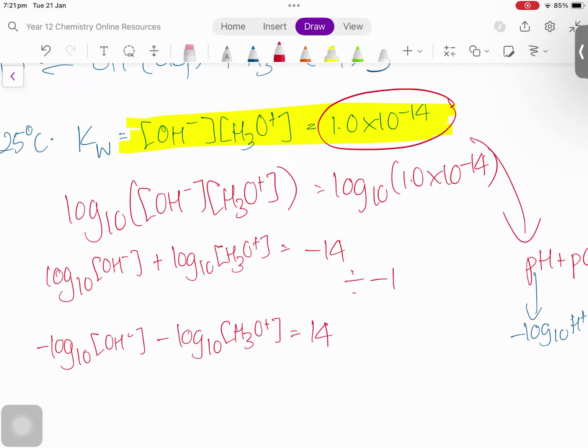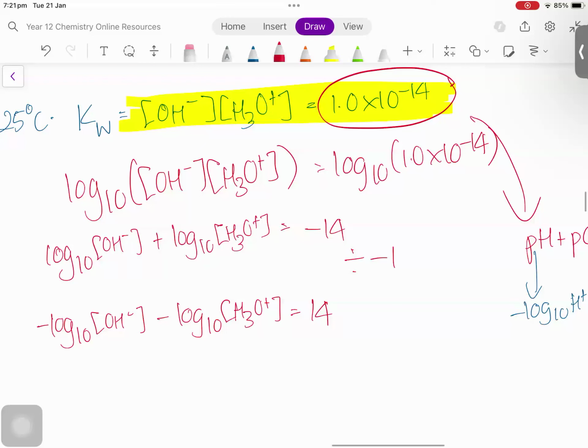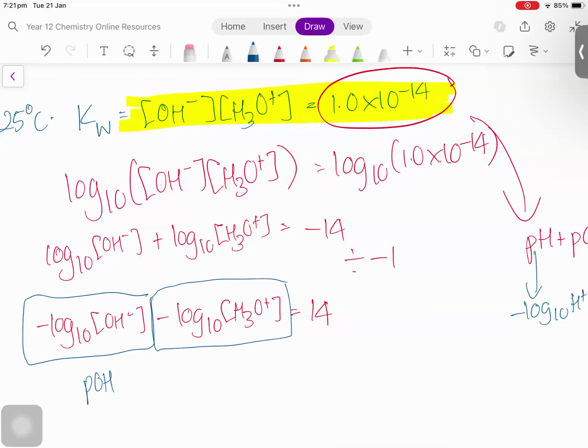All I've done is times or divide by -1. And have a look at this: that's pOH, and that's pH, and that's equal to 14.